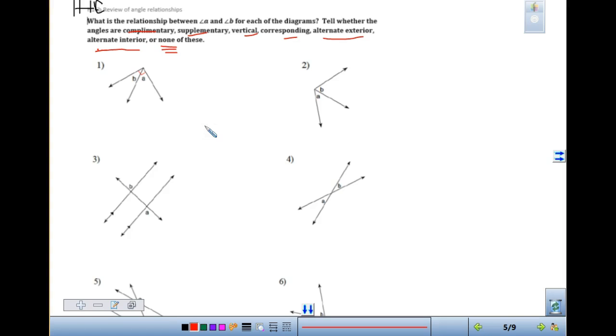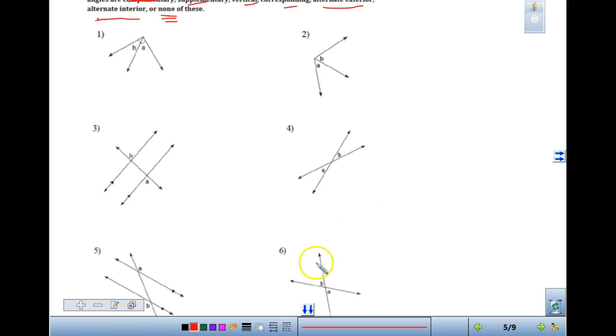So, as you look at that first page, is there any that you think would be a none on the first page? Talk to your shoulder partner about which one you think should be a none on the first page, 1 through 6. Not all of them.